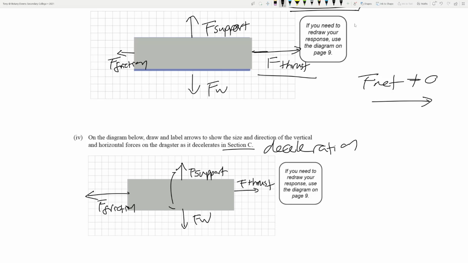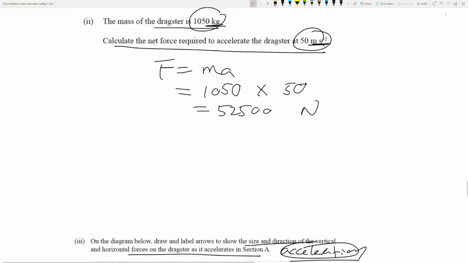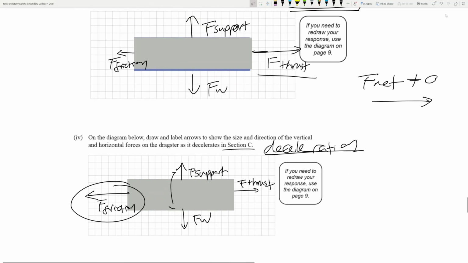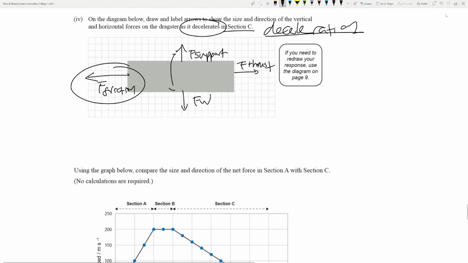So this is why it's decelerating, because there's more force going backwards and you would slow down. So yeah, that's the drill. For section C, as it decelerates, they even told you the answer, it decelerates in section C. So you need to make sure that the length of the arrow is really, really important.